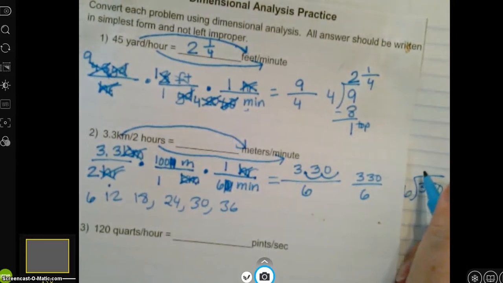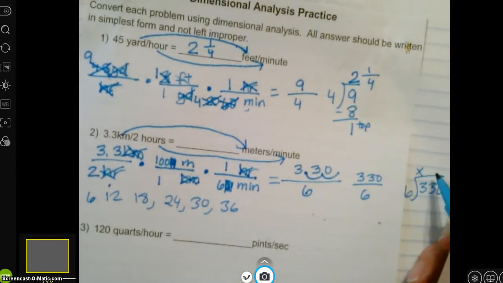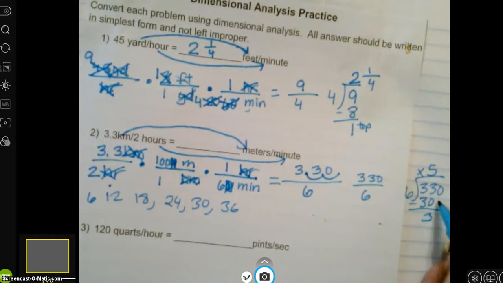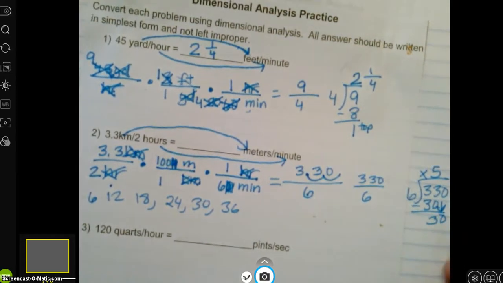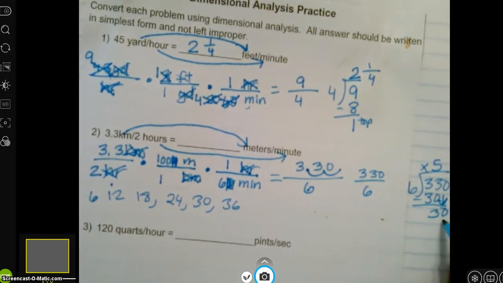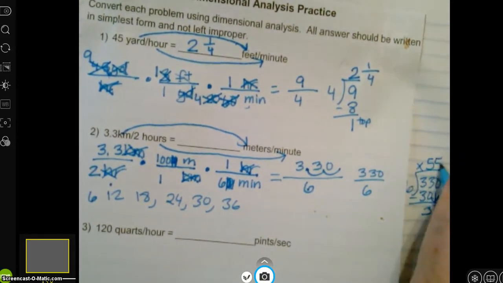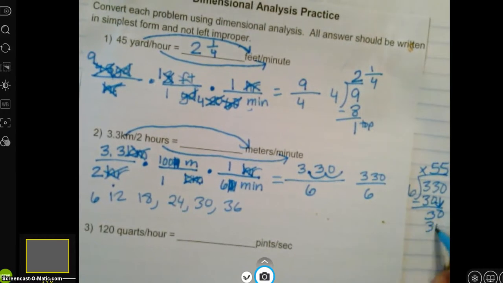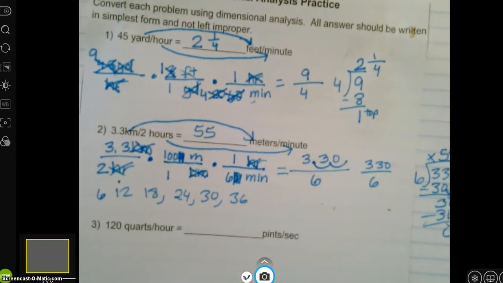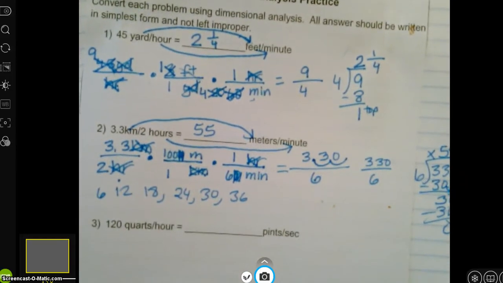So 6 won't go into 3. 6 will go into 33, 5, which is 30. 3 left. Bring down the 0. 6 into 30, 5, which is 30, and nothing left. Okay, so we have an answer of 55 meters per minute.